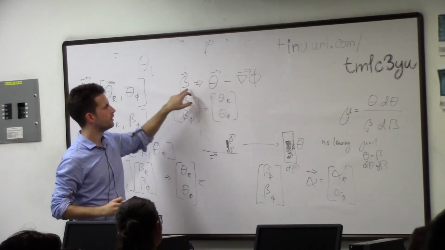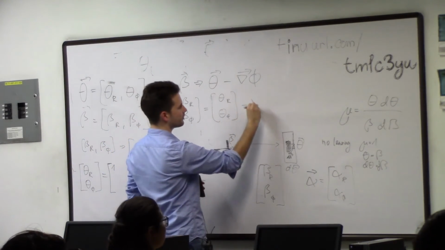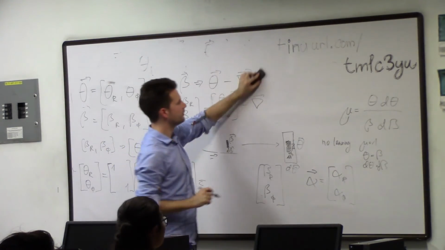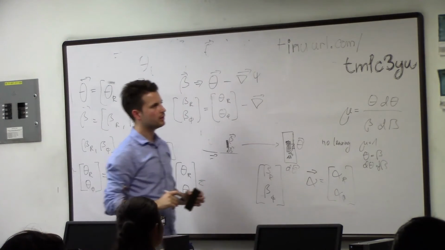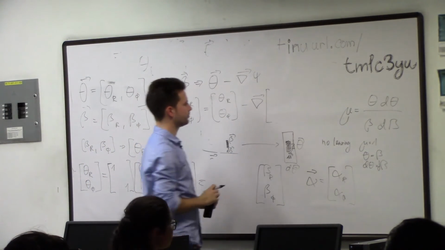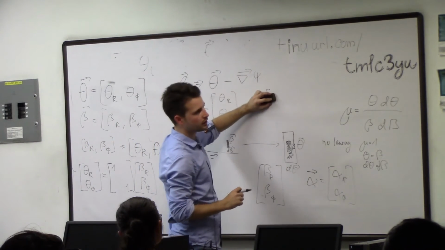We are just expanding this in cylindrical coordinates, and there is now the gradient of your potential, which is going to give you the deflection angle.